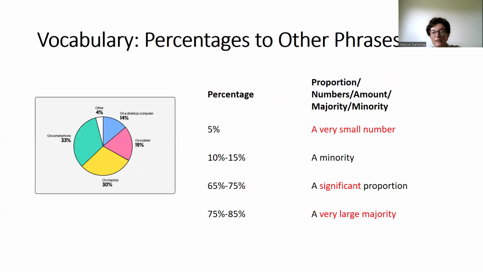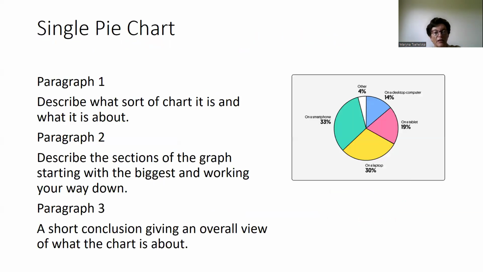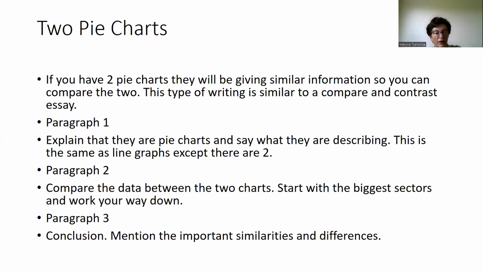With these qualifiers, we can also use other phrases that show a very approximate number, like very small, minority, significant proportion. And after that, of course, we overview the chart, and we can finally describe it.